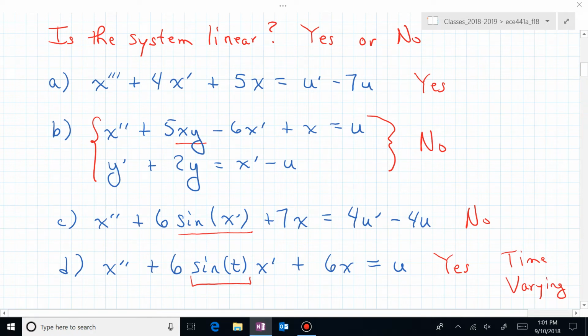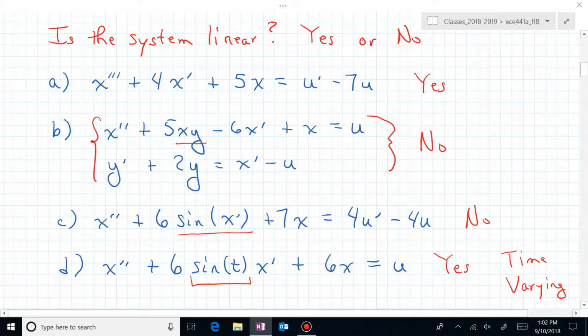The coefficients, the scaling, were not a function of t. Here, this sine of t is actually a time-varying coefficient, but it's still a linear system. So this is a linear time-varying differential equation with a coefficient of sine of t.